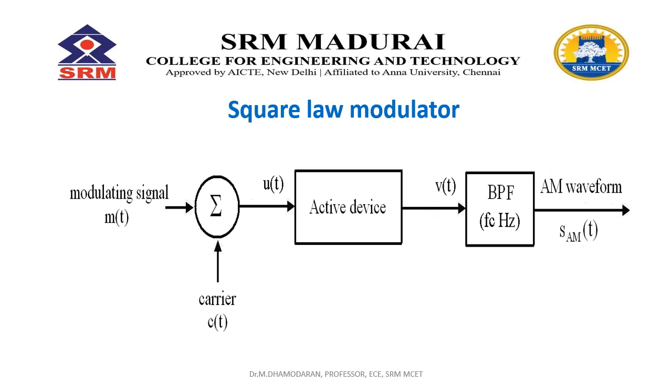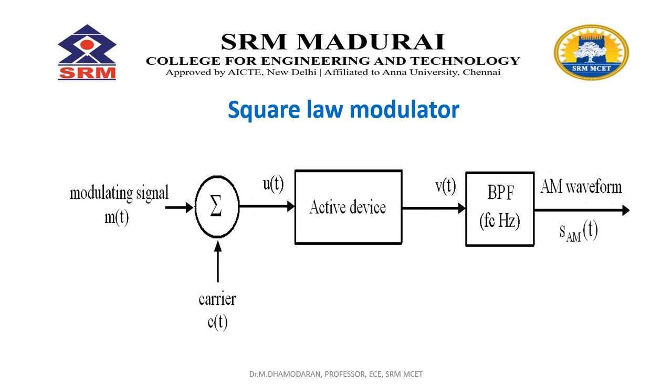This is a simple circuit diagram of the square law modulator. Whenever we go for modulation, we convert the low frequencies to a high frequency signal. Here m(t) is called the modulating signal, which is nothing but the message signal. The message signal is mixed with a carrier signal, called c(t), which is a high frequency signal.